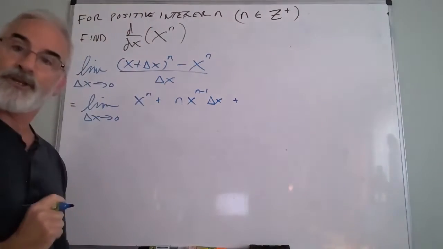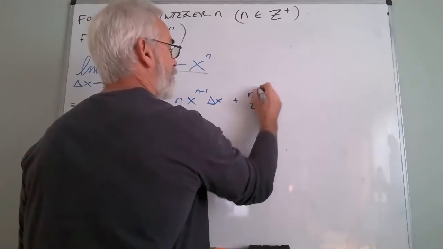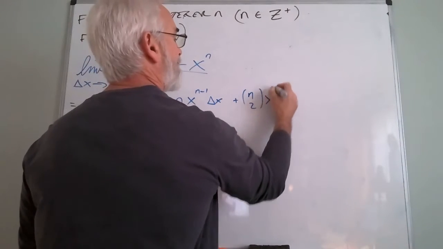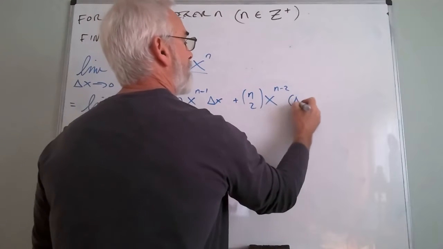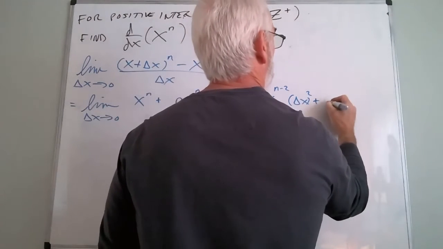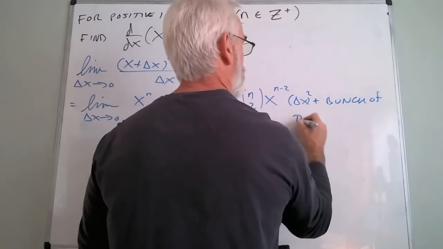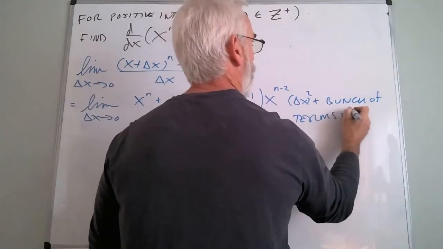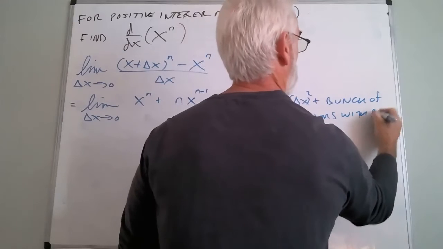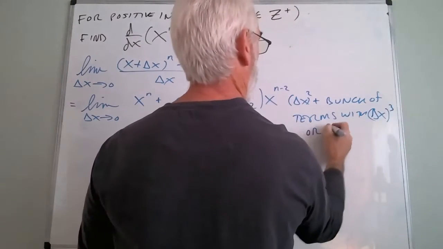Well, the next number is n choose 2. This would be n choose 1. That's 1. The next one I'm going to write n choose 2, x to the n minus 2 times the square of delta x plus, now, a bunch of terms with delta x cubed or higher.